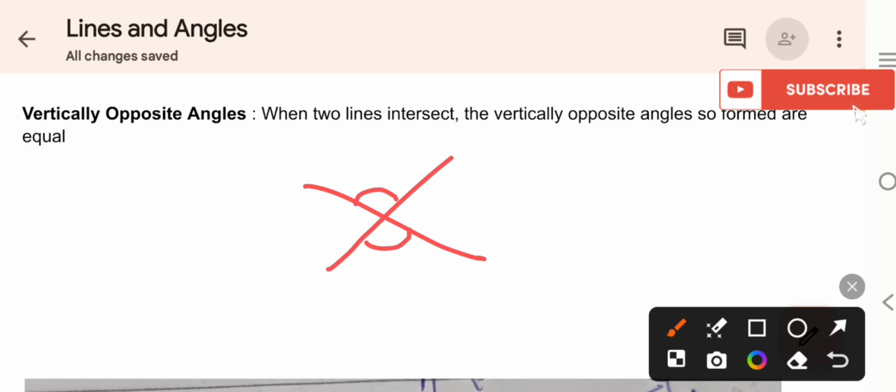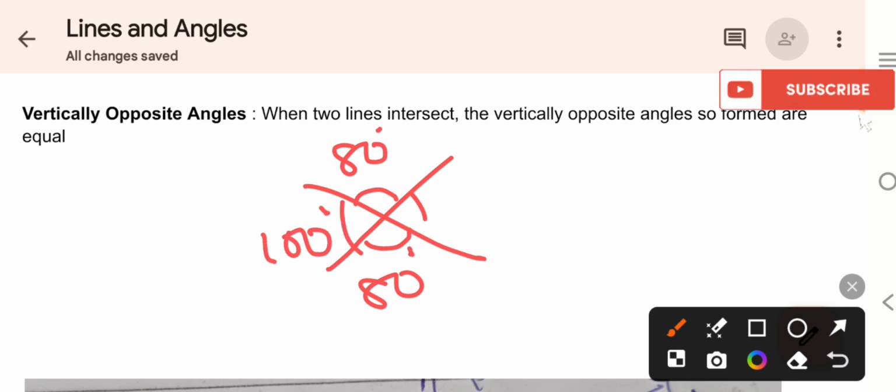Example, if this is 80 degree, this is also 80 degree. When this is 100 degree, this is also 100 degree. That's it, because opposite angles are always the same. Whatever angle this one has, the same angle should be its opposite angle.